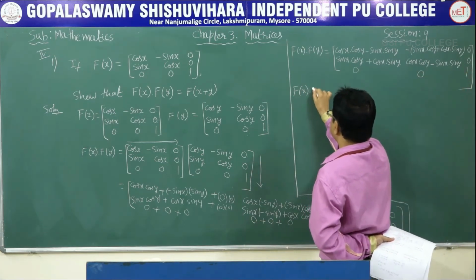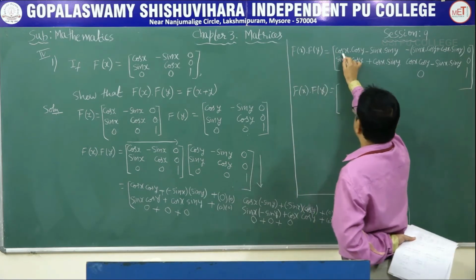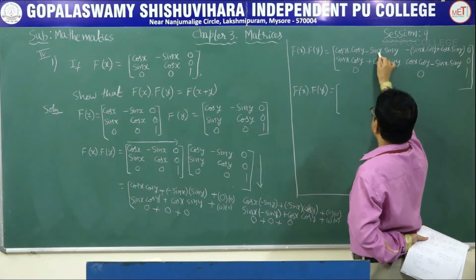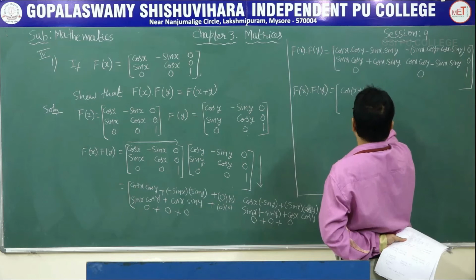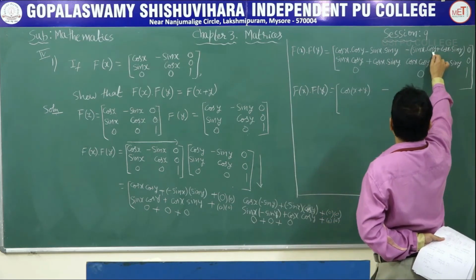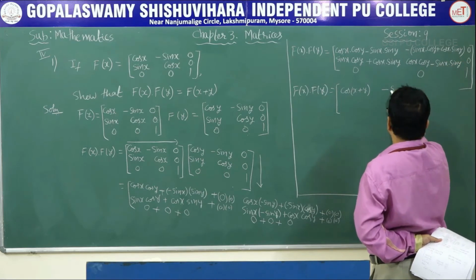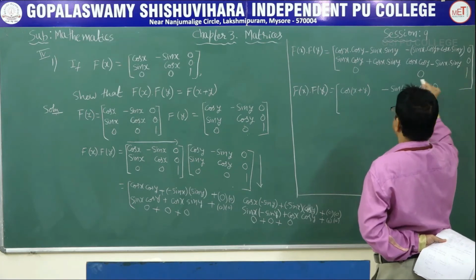So f of x into f of y will be equal to cos a cos b minus sin a sin b. That is nothing but cos of x plus y, minus sin a cos b plus cos a sin b. That is sin of x plus y, 0.